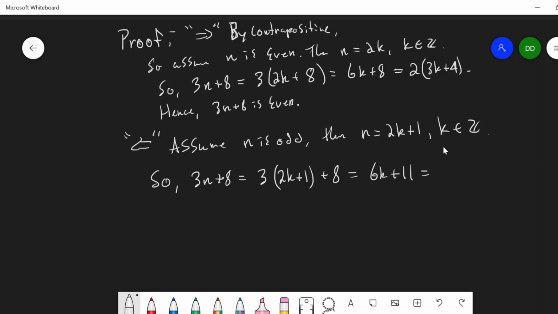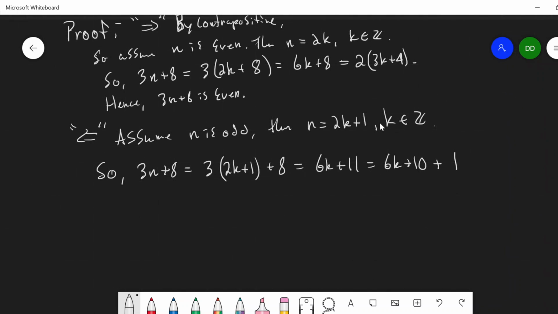So what I can do here to show this is odd is I can write this as 6k plus 10 plus 1, something like that. And then I can factor a 2 out of this first part: 2 times (3k plus 5) plus 1. So now I've written it as twice some integer, right? This guy is an integer, plus 1. So that's the definition of an integer being odd. So I can say hence 3n plus 8 is odd.